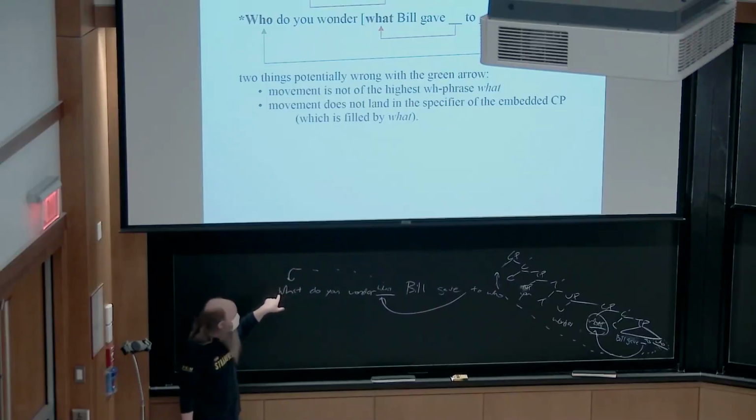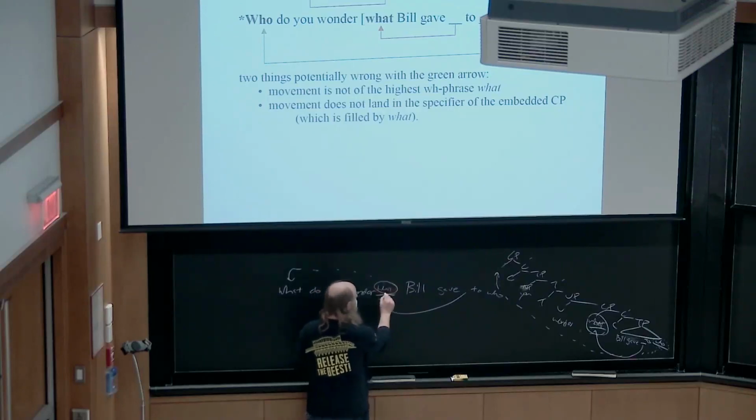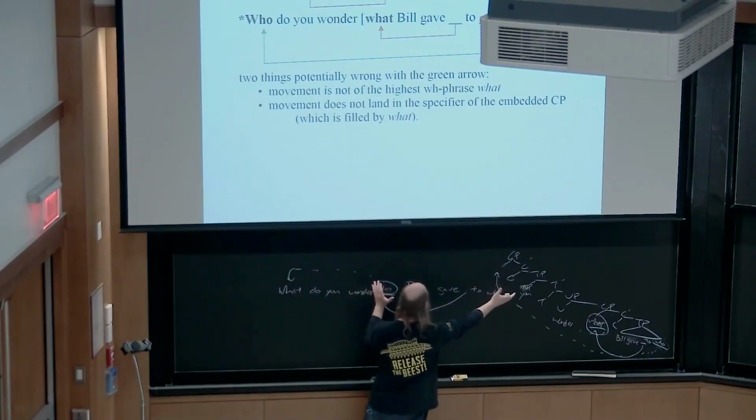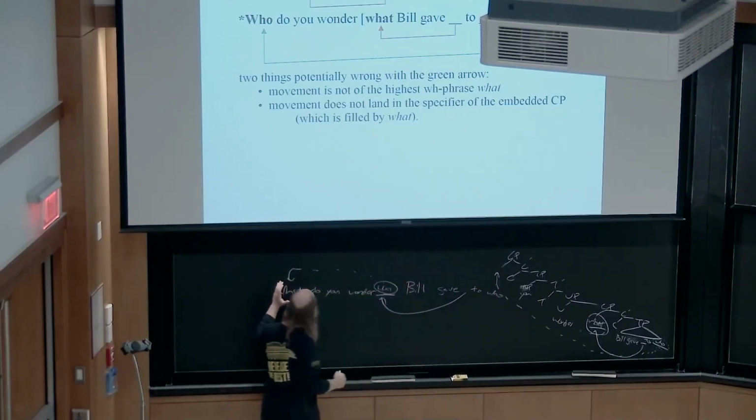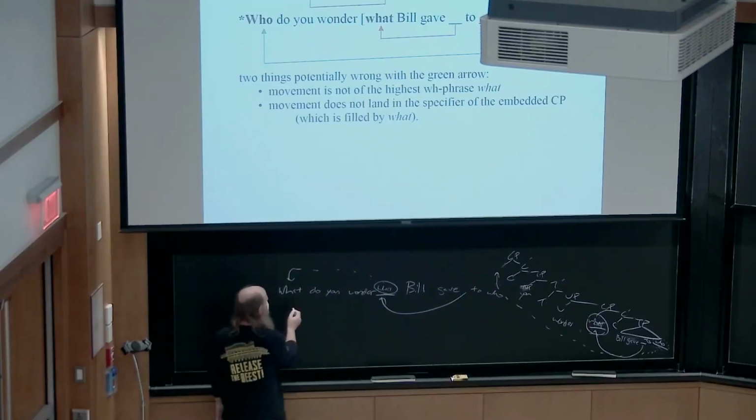But the result is that, let's think about what WH movement does. It makes questions, right? So when you move what here, you're making this into a question. You wonder what Bill gave to Fred or whatever. If you move it up here, you're making this into a question. And maybe what we're seeing is that you can't do both. And we could demonstrate that without doing a WH island, so it's also bad, at least for me. I'm going to star this.